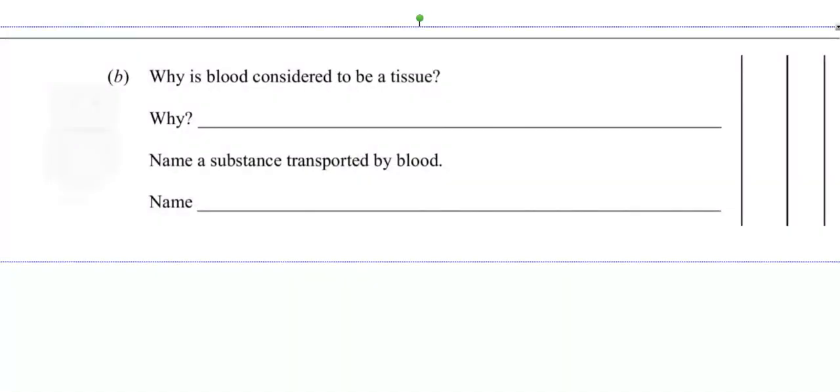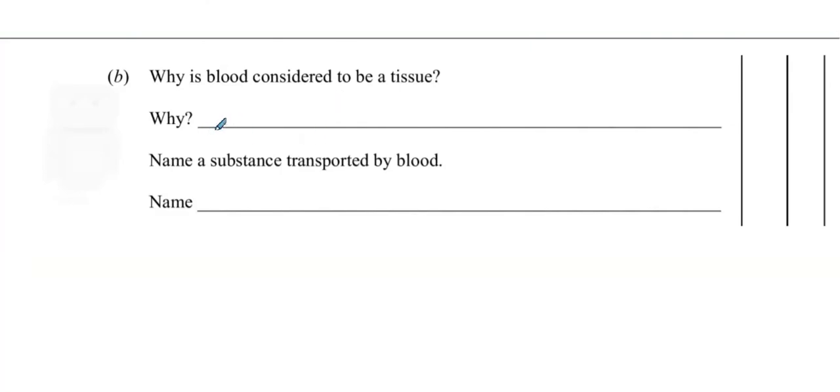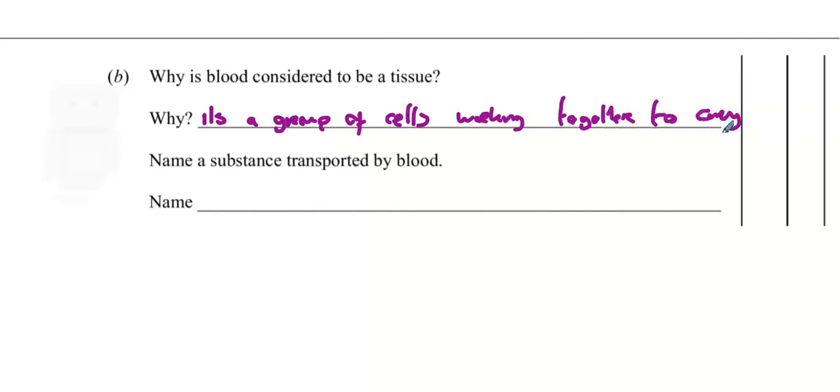Let's move on. Why is blood considered to be a tissue? Well, it's considered to be tissue because it's a group of cells working together for the same function. Name a substance transported by blood.